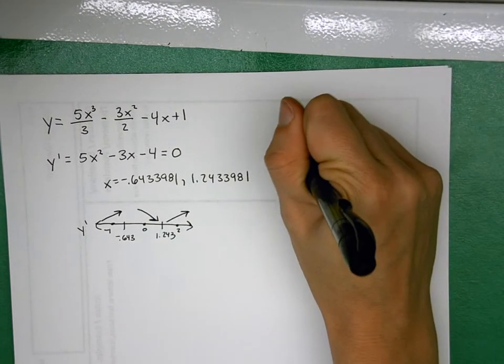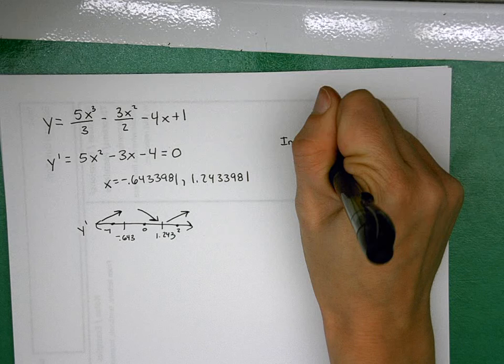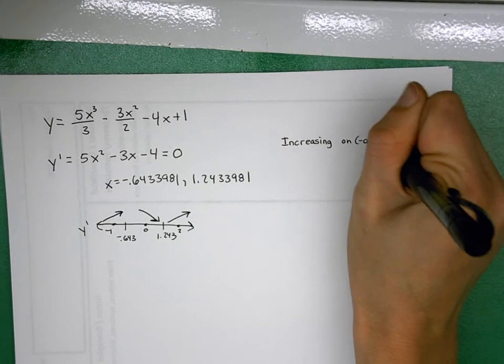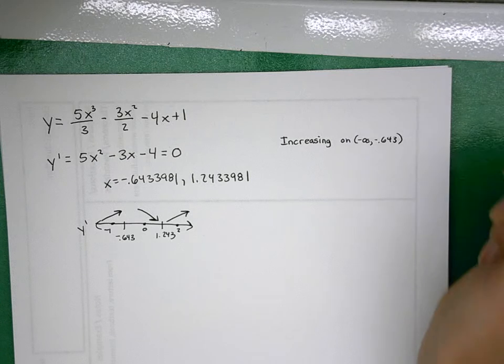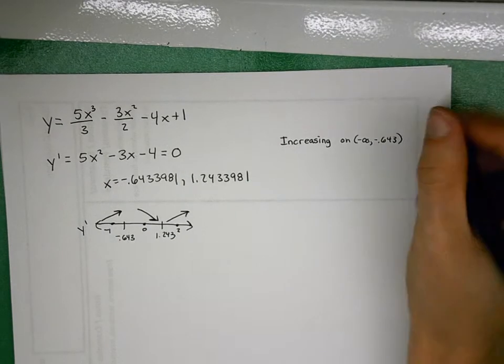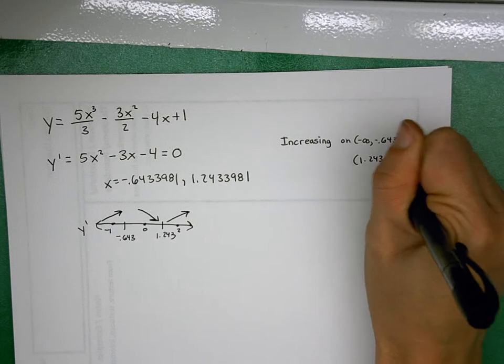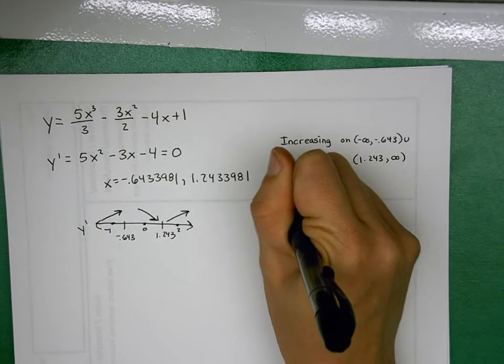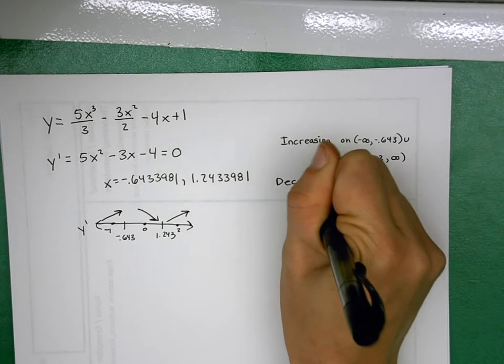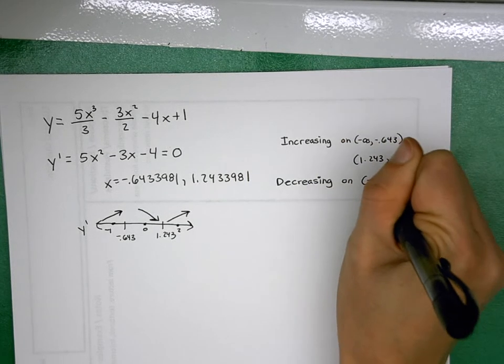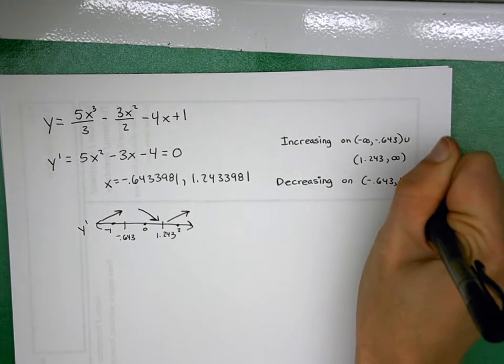I'm increasing on -infinity to -0.643 and 1.243 to infinity. I'm decreasing on -0.643 to 1.243.